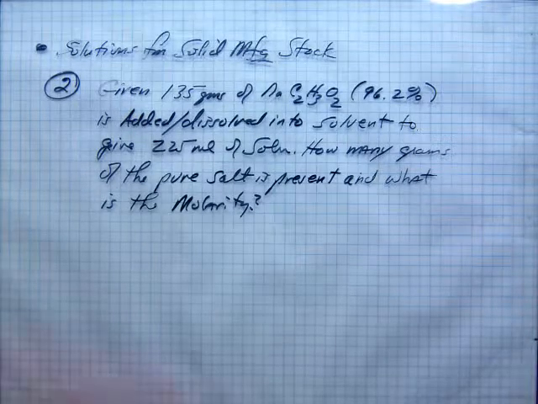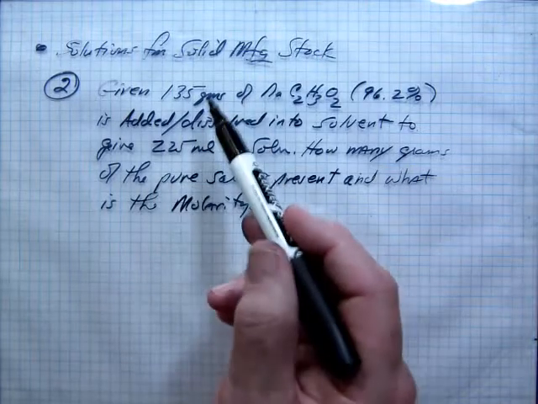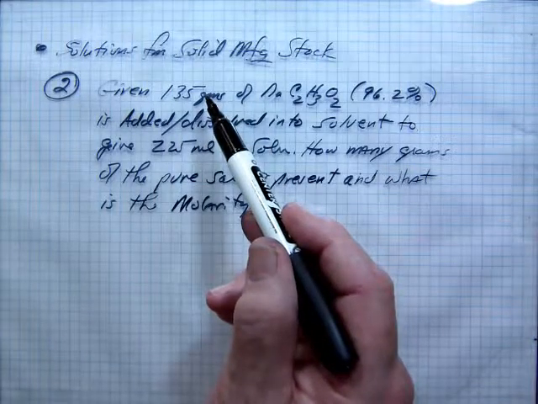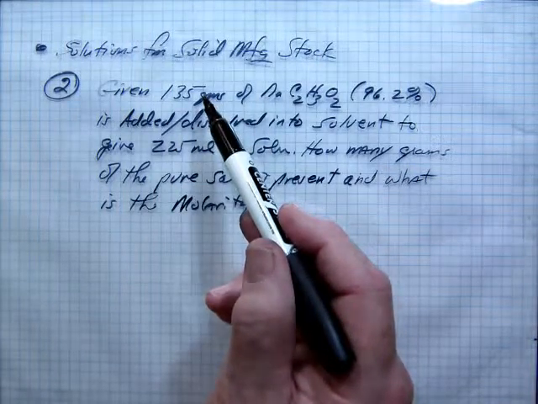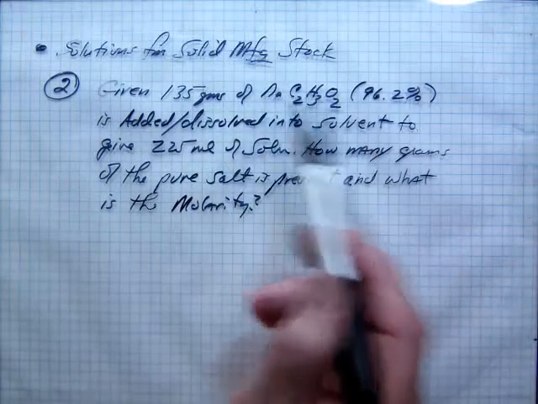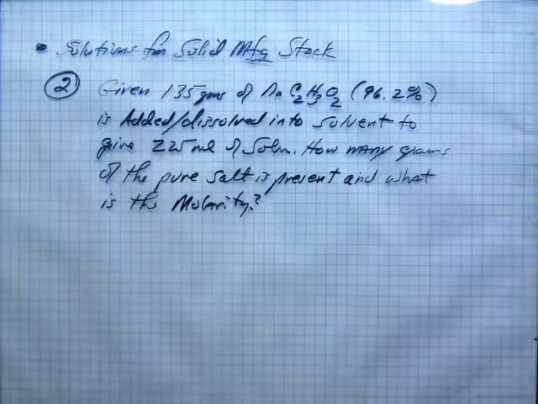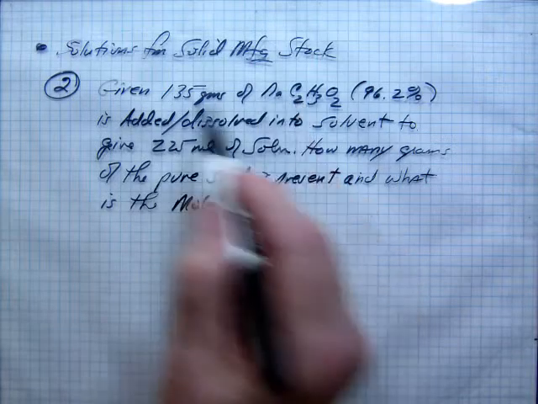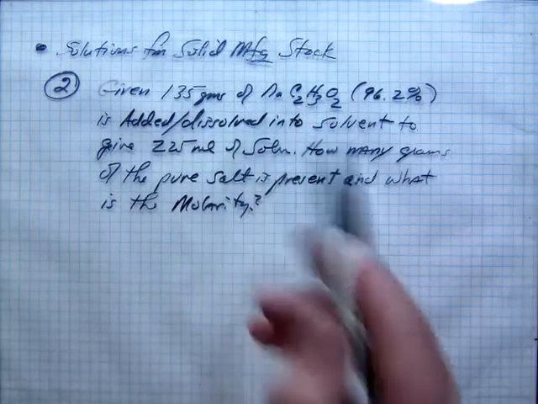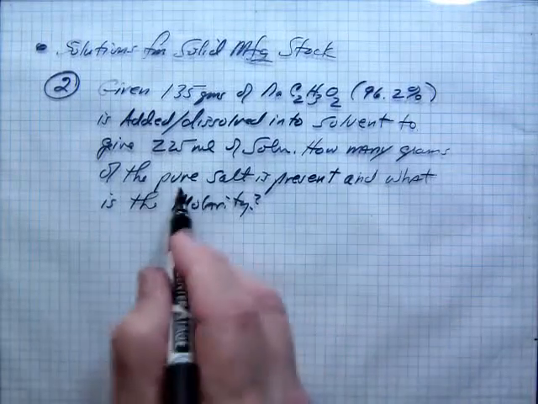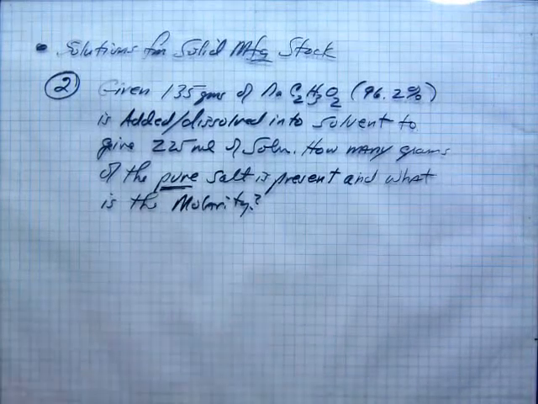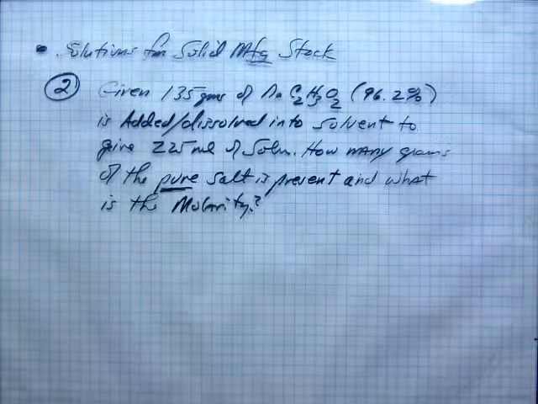Okay. If we calculate the molarity based on 135 grams of the sodium acetate added, we'd be wrong in its concentration terms. The mass of pure salt is 96% of what's added.